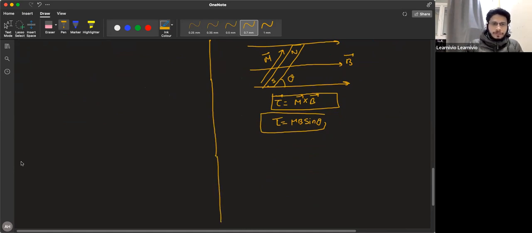Sixth, potential energy of a dipole in a uniform field.